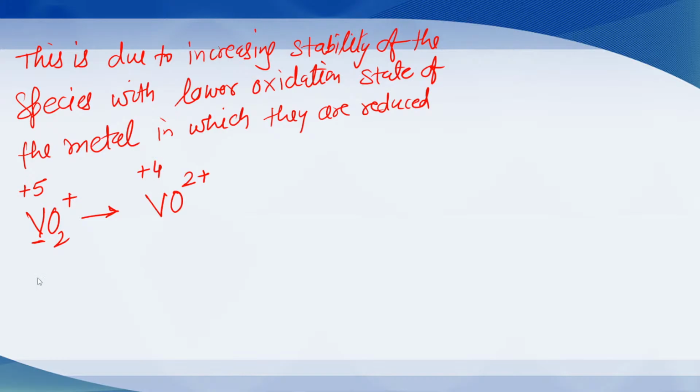Now come to the next, Cr2O7 2 negative. Tell me, Cr2O7 2 negative is reduced to, yes, Pranay, Cr3 plus.